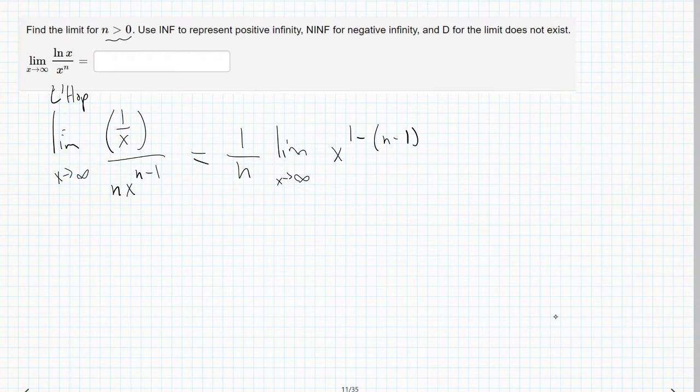Well, this should equal 1 over n, limit as x approaches infinity, and so this should be x to the 2 minus n.